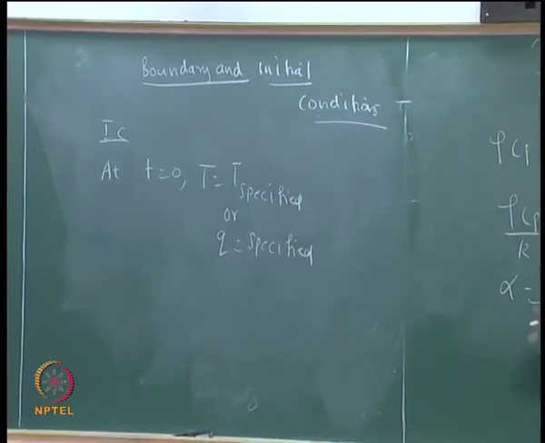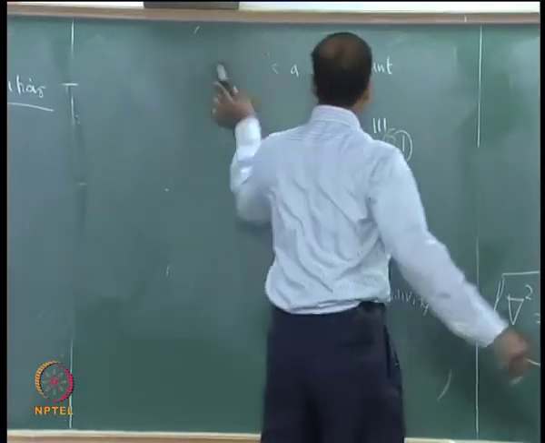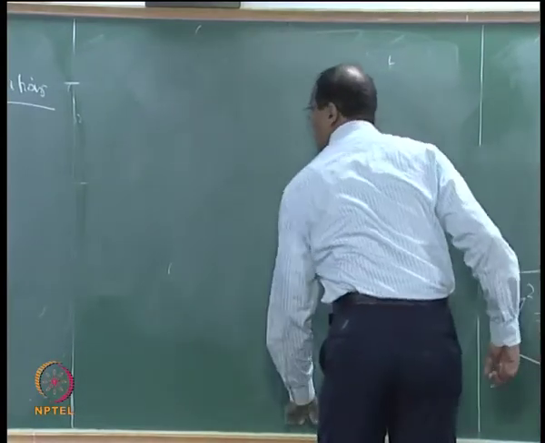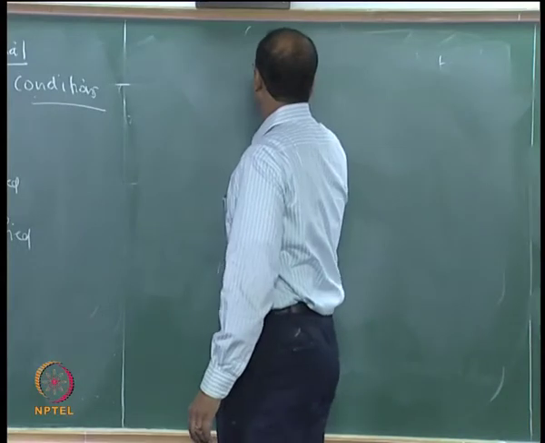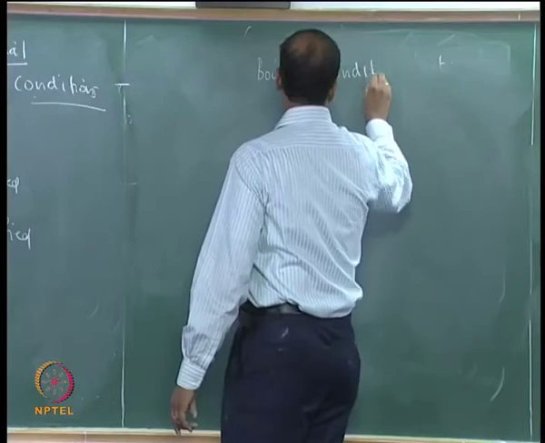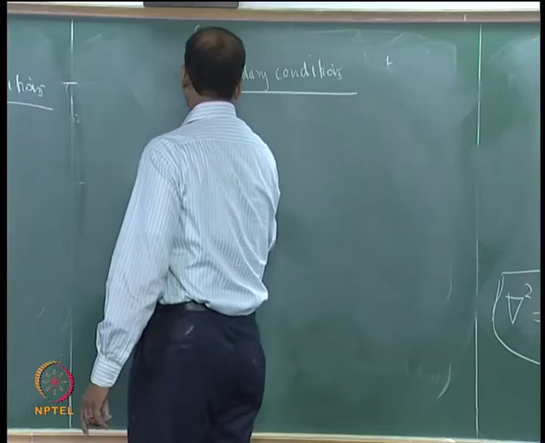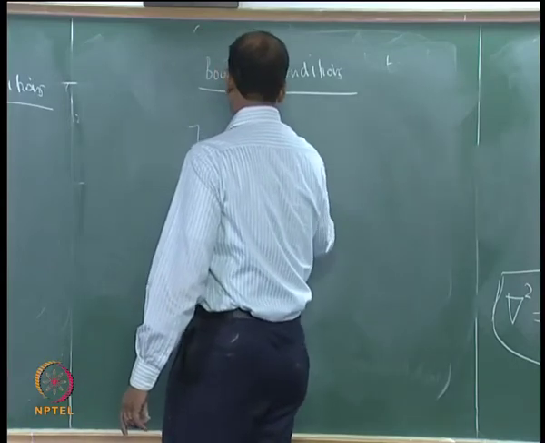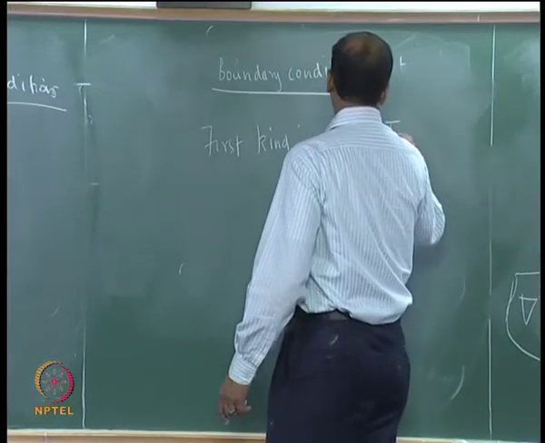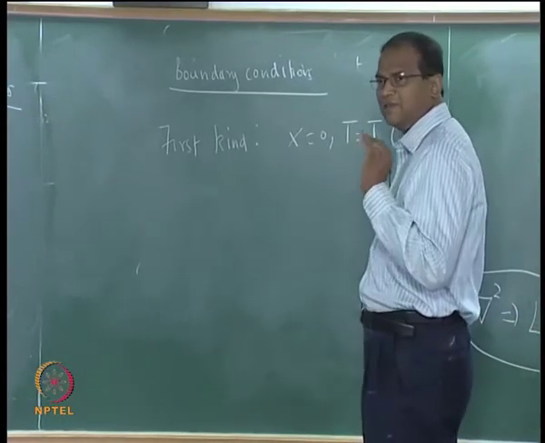So now, as far as initial boundary conditions are concerned, the first kind is basically you say x equal to 0, t is equal to T1, that is, temperature is specified.